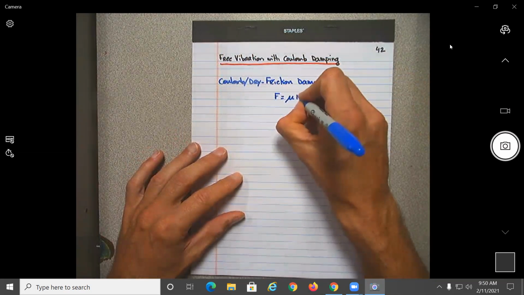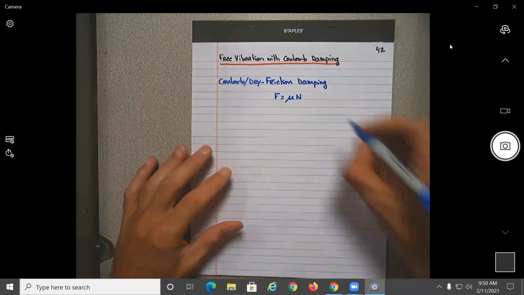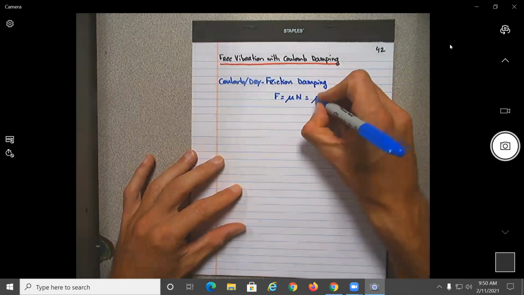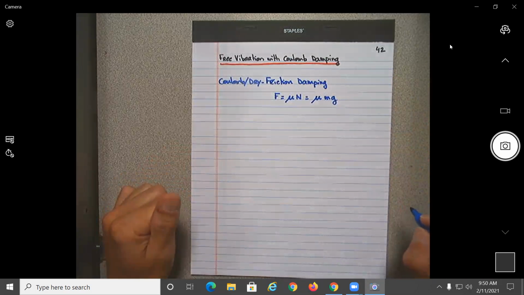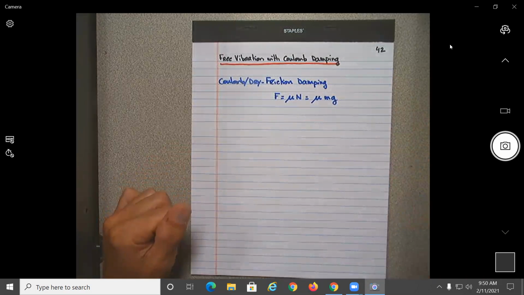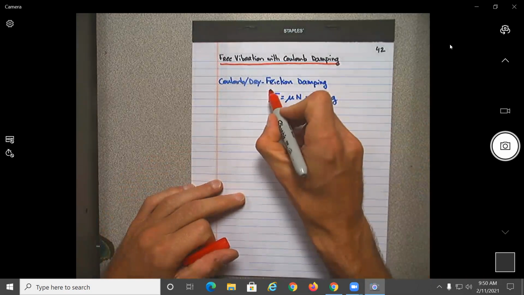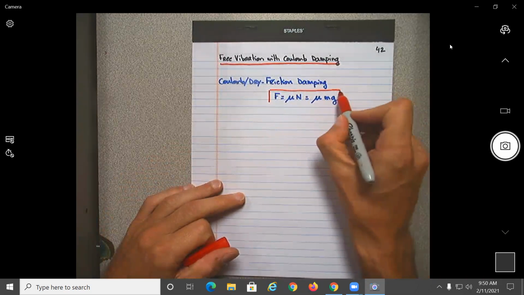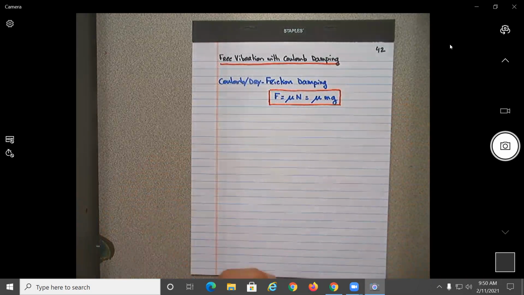A certain coefficient mu, a static or kinetic coefficient, times the normal force. And in most cases, this is equal to what? Mu times the gravitational force, mu times mg. So this is just a reminder of what we saw before.